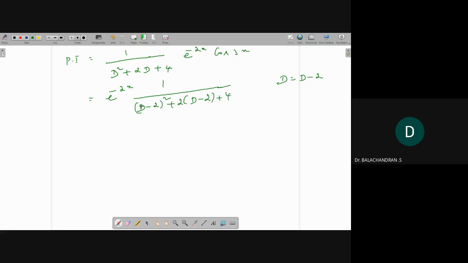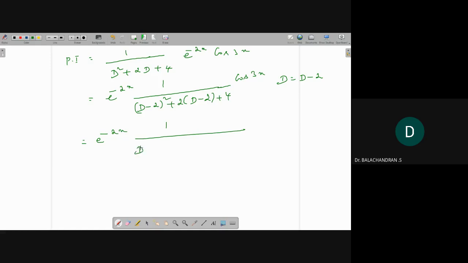Wherever you have D, replace D by D + a. Here a is -2.